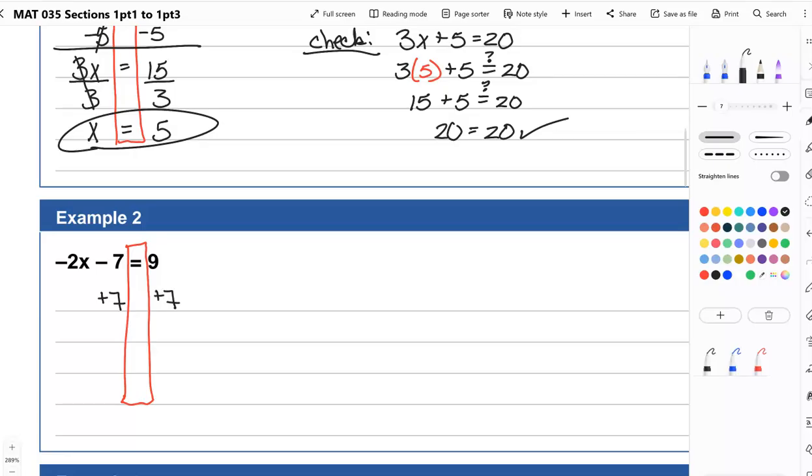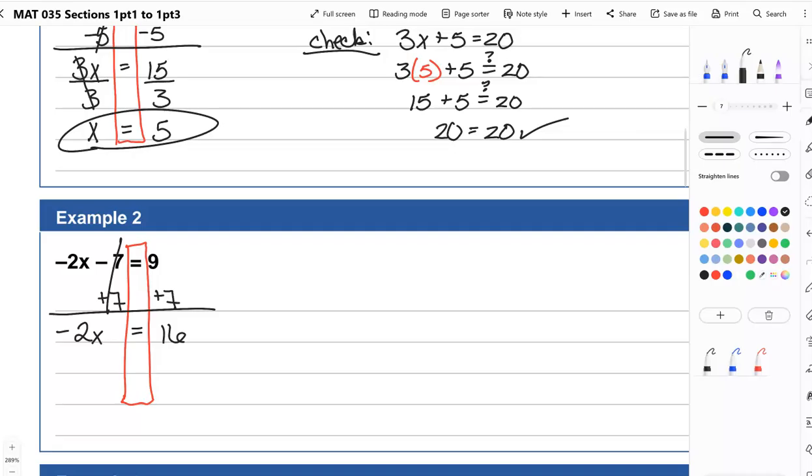What I do to the left, I've got to do to the right. Math is always fair. So negative 7 plus 7 is going to cancel, and we're going to have minus 2x left on the left. 9 plus 7 is 16, so we're going to have 16 on the right. Then we're going to perform another opposite.